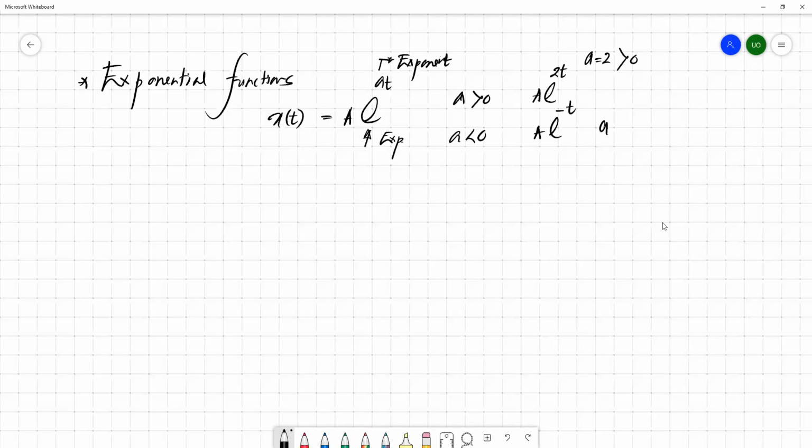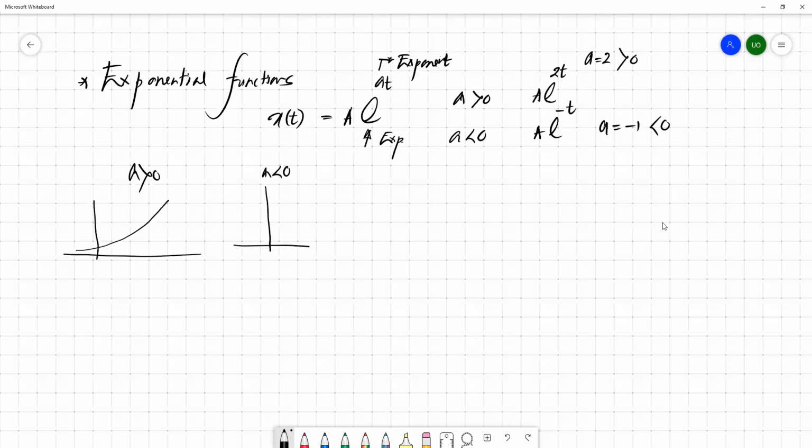In this case, a equals -1, which is less than 0. So depending on the values of a, if a is greater than 0, you have this kind of function. For a less than 0, you have this kind of function.